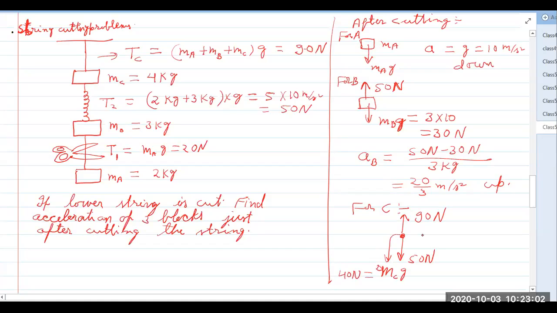So you can see the forces are balanced: 90 up, 50 and 40 down. So acceleration of C is 0. Acceleration of C will remain 0, B will start moving up, A will start moving down, with these accelerations.